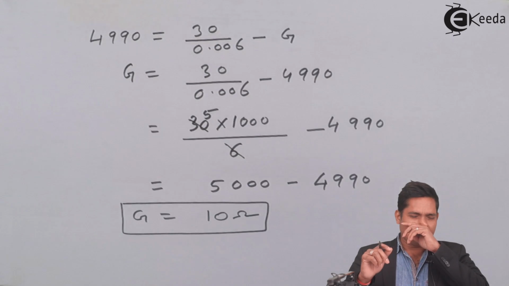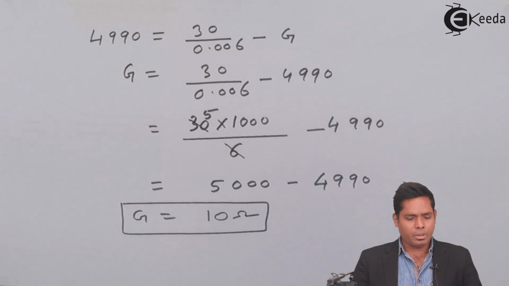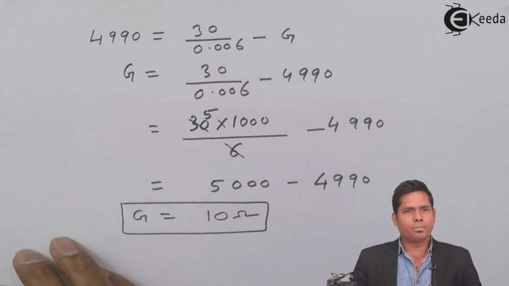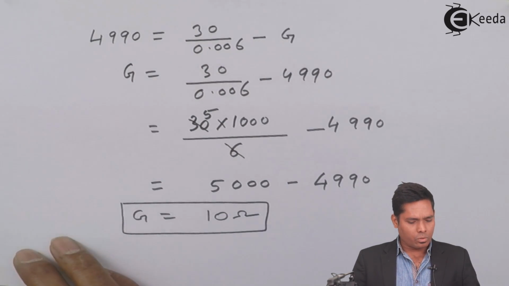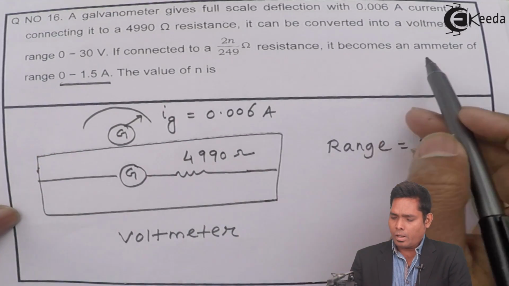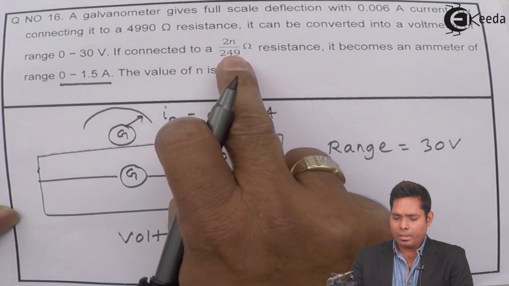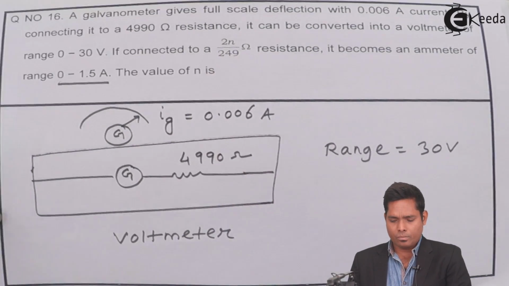After you get the resistance of the galvanometer, we have to convert it to an ammeter of range 1.5 ampere. Our aim is to get an ammeter of range 1.5 ampere by connecting 2N upon 249.